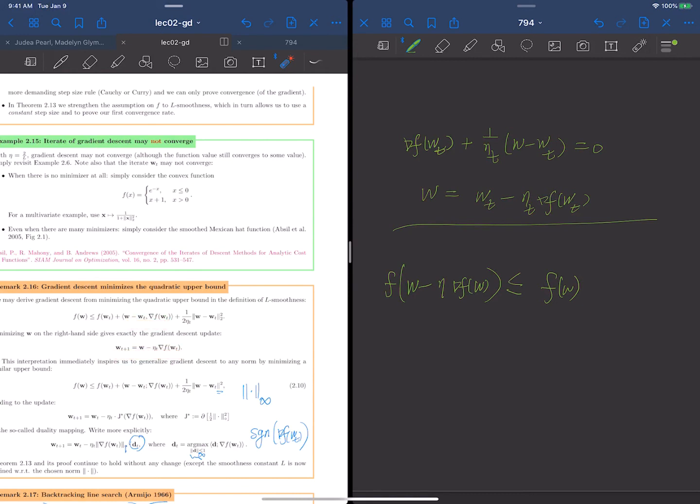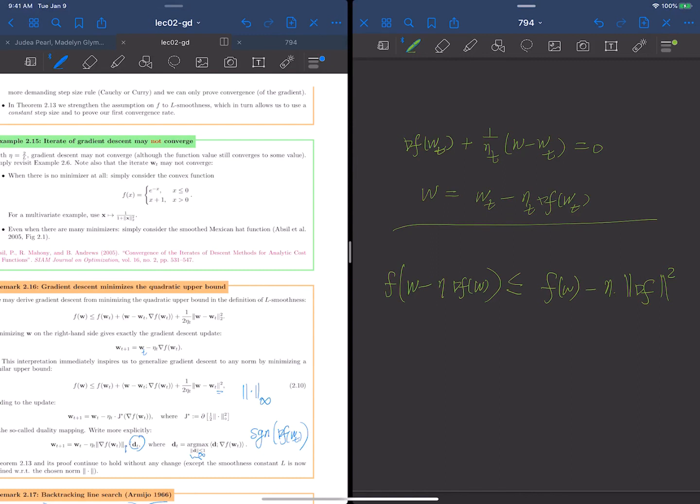You are going to get minus eta t times the gradient squared. I'm going to ignore the subscript t throughout.